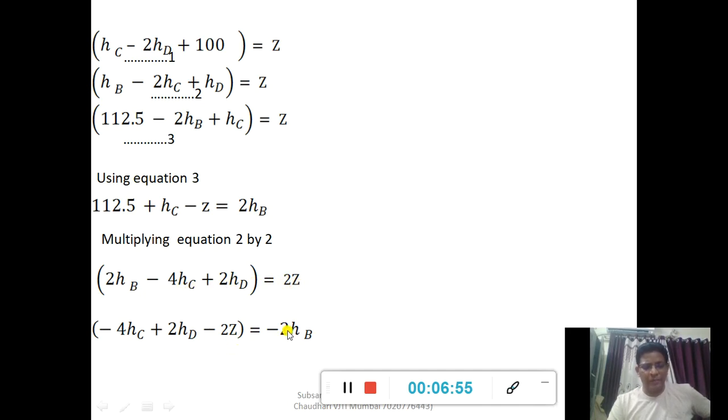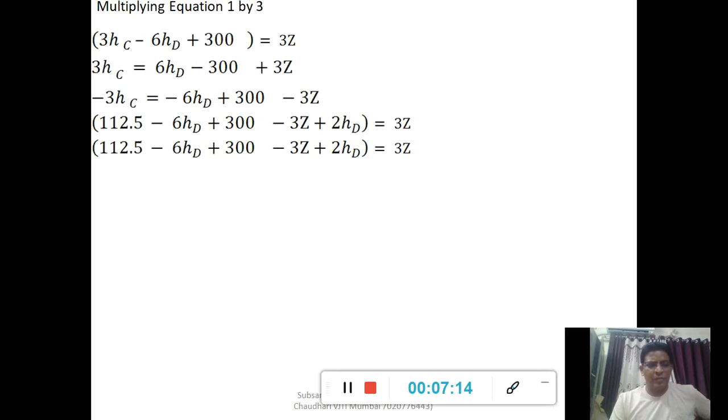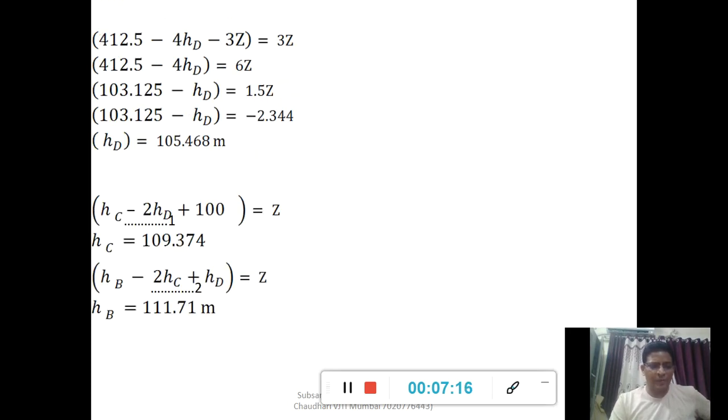Rearrange the terms and simplify both equations until we get the values in terms of h of C and h of D. If you solve, you will get h of D equals 105.468, h of C equals 109.374, and h of B equals 111.71.